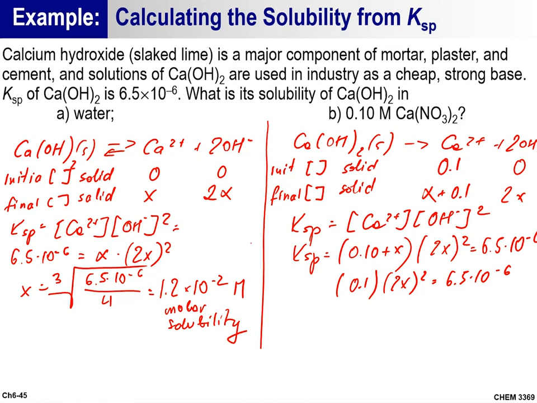If you solve it for x, it will be the square root of 6.5 times 10 to the negative 6 divided by 4 times 0.1, and x will be correspondingly 4.0 times 10 to the negative 3.